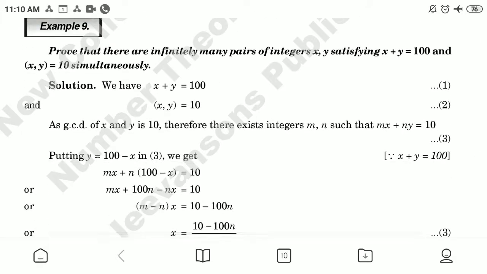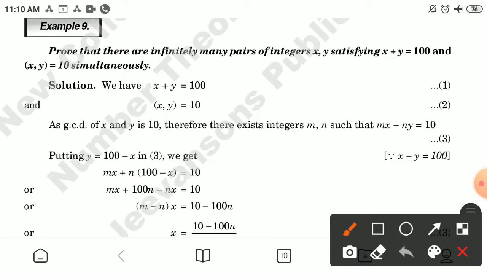Now the next problem: prove that there are infinitely many pairs of integers x, y satisfying x plus y equal to 100 and greatest common divisor of x, y equal to 10 simultaneously. We have x plus y equal to 100, greatest common divisor of x, y is equal to 10. As the greatest common divisor of x, y is 10, therefore there exist integers m, n such that mx plus ny equal to 10, marking this as number 3.